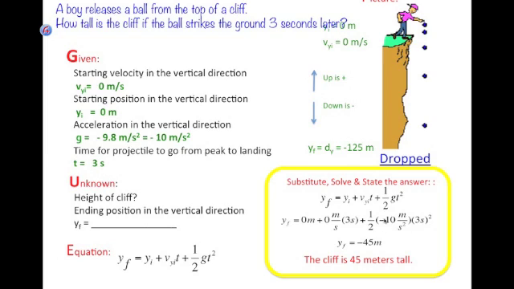So I have negative 5 times 9, and that gives me negative 45 meters. And since I said I started here, then I went down 45 meters, and that's why I have a negative 45 meters. We're going to indicate in this sentence, to answer the question, that the cliff is 45 meters tall. Done. That wasn't so hard.